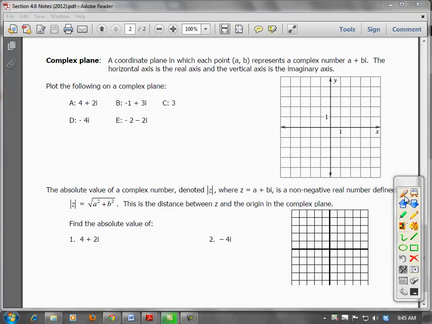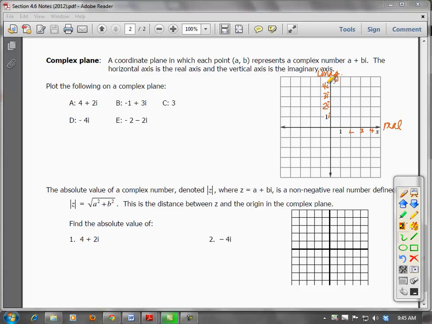In this, you have a real axis, which is our x-axis, and then you have an imaginary axis, which is our y-axis. The real axis goes up by 1, 2, 3, 4, like it normally does. The imaginary axis goes up by 1i, 2i, 3i, 4i. So you count i's.